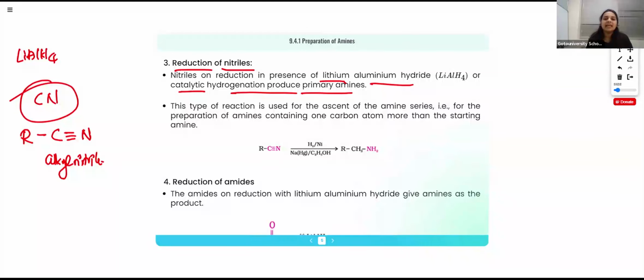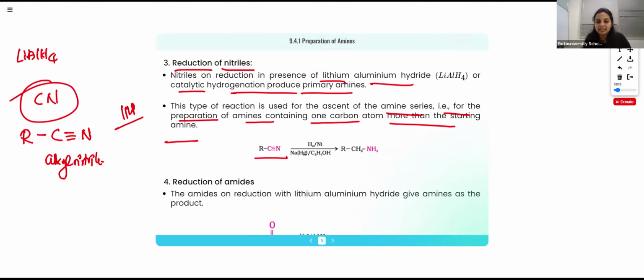This type of reaction is used for preparation of amines containing one carbon atom more than the starting amines. Important. Very, very important. See, this is the compound. We are doing hydrogenation, right?